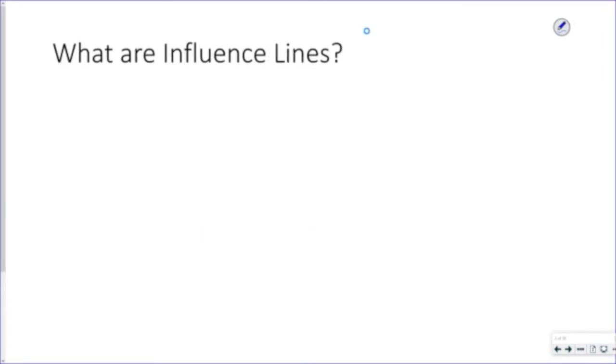So what are influence lines? First of all, I want you to recall what are shear and moment diagrams, right?